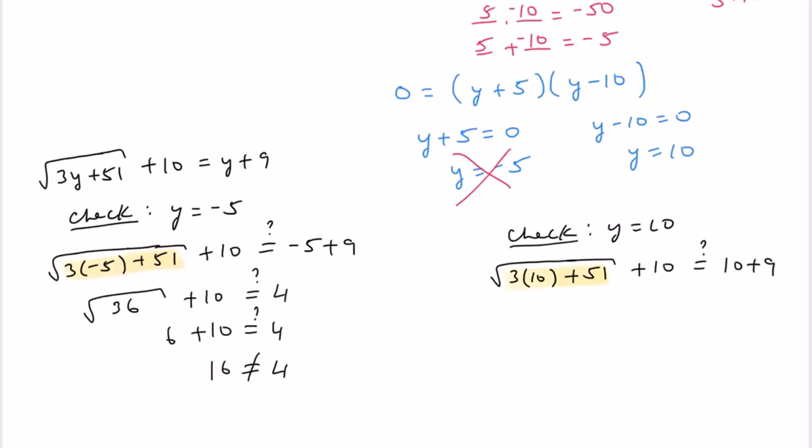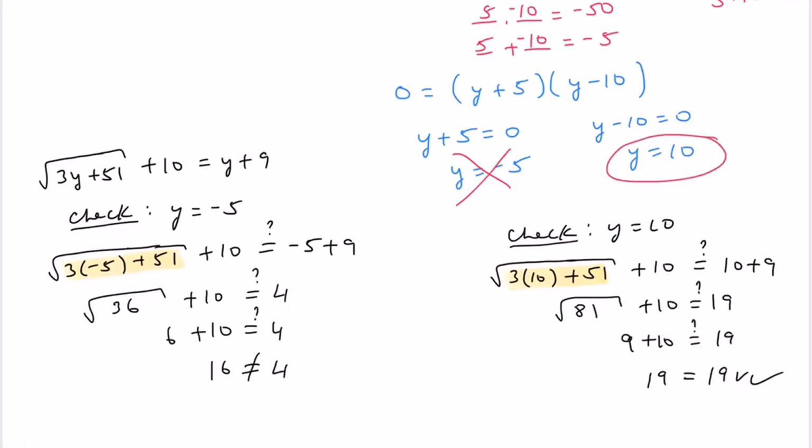Again, calculate the inside of the square root, and we have 81 on the inside plus 10. Is this equal to 19? The square root of 81 is 9. So 9 plus 10 is 19. 19 is equal to 19. So here 10 is our answer.